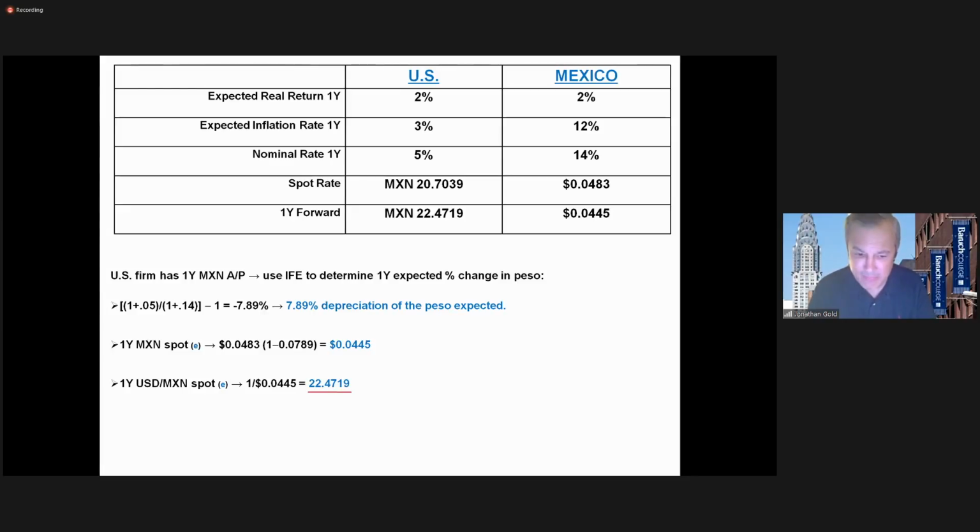Everybody see that? In 1 year, based on IFE, the peso is expected to buy me about 5 cents. And in 1 year, the dollar is expected to buy me roughly 22.5 pesos.